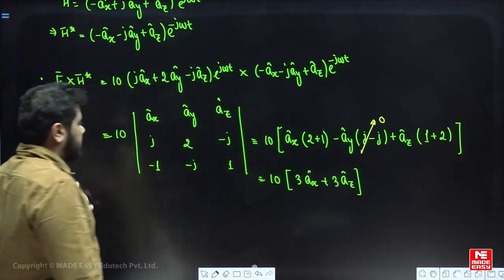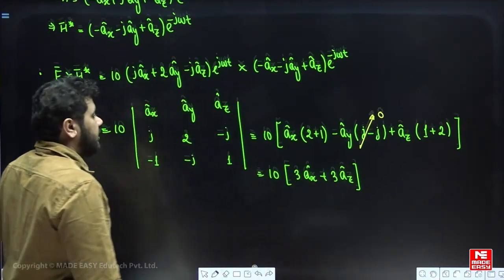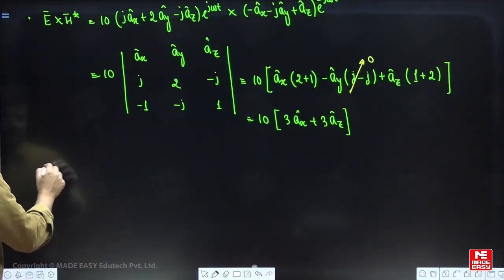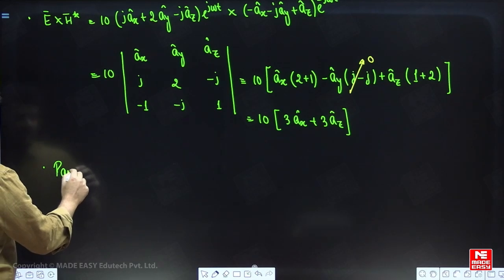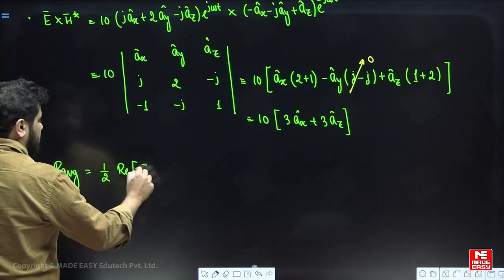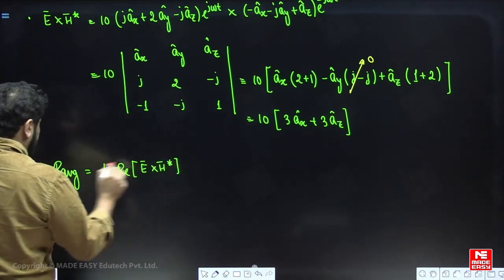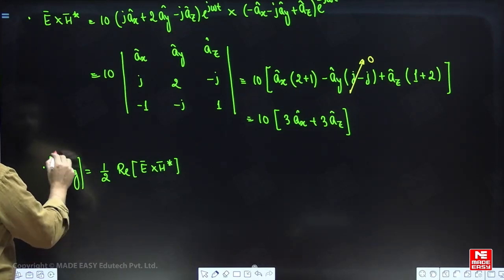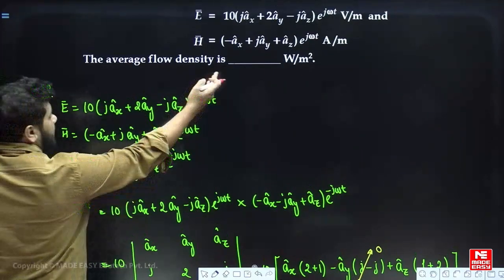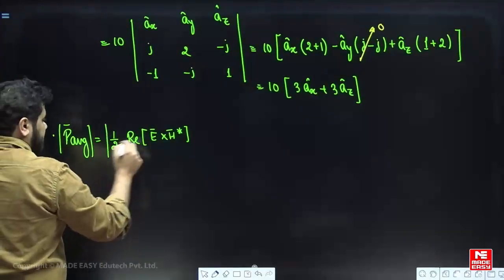Therefore, to find the average power flow density, P average is half of the real part of E cross H conjugate. In the question they have asked only the magnitude, with no direction given, so I have to take the magnitude.